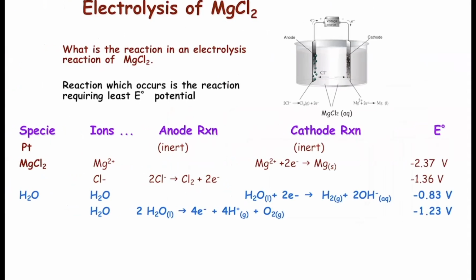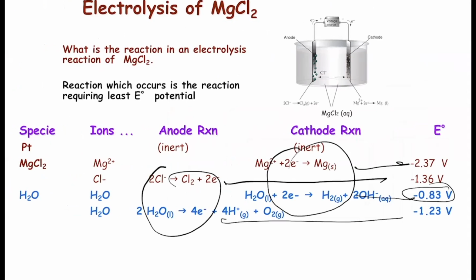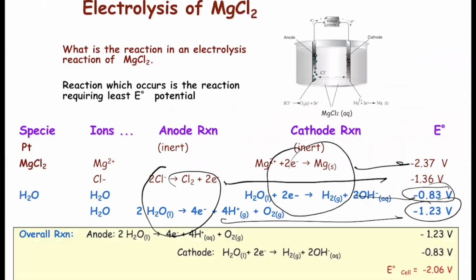Look up their potentials and figure out the competition between these two. Which one is going to be favorable? It's going to be that. The competition between these two, which one's going to be favorable? It's going to be that. So if you've got magnesium chloride ions in water, you're not going to get oxidation reduction with magnesium chloride. What you end up with is still the electrolysis of water, just based on the electrochemical potential.